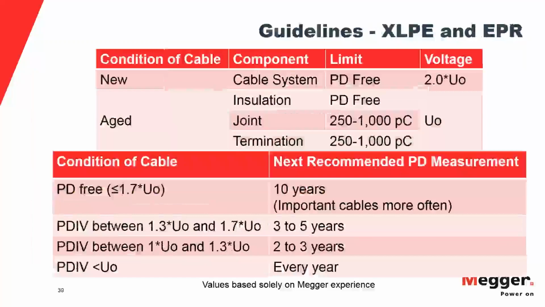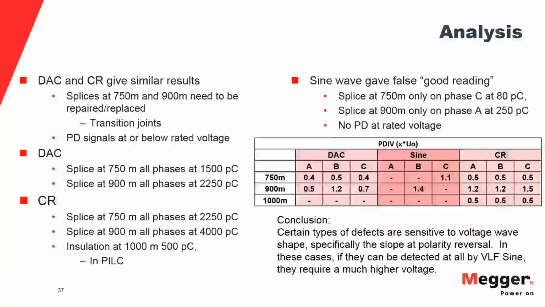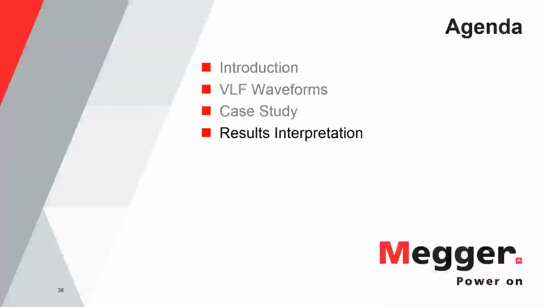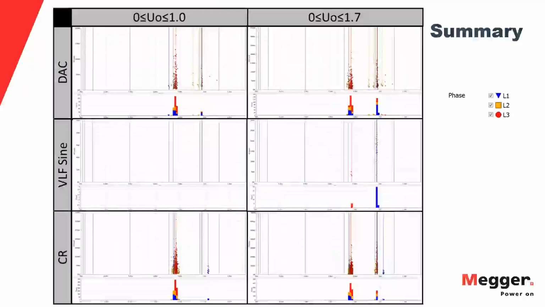So at a certain point, we do not have VLF test sets that go that high. I hope that answers the question. To summarize, we have damped AC technology up to 300 kV, and we have cosine rectangular technology up to 80 kV.